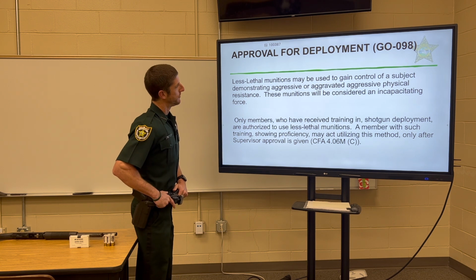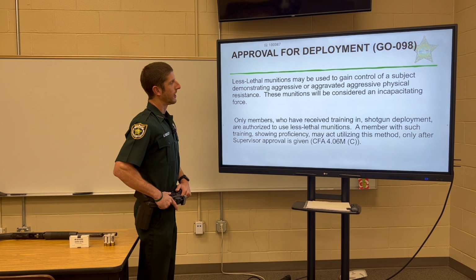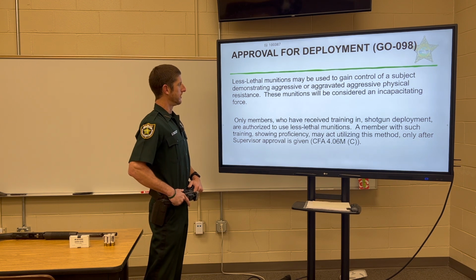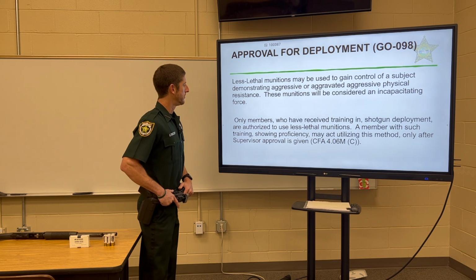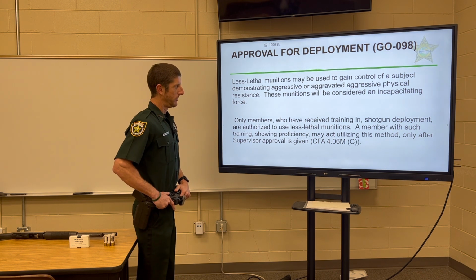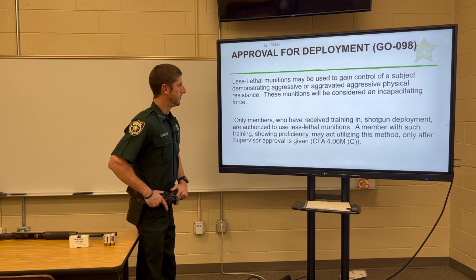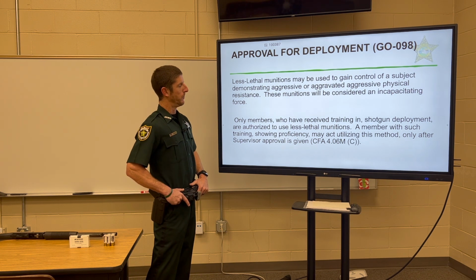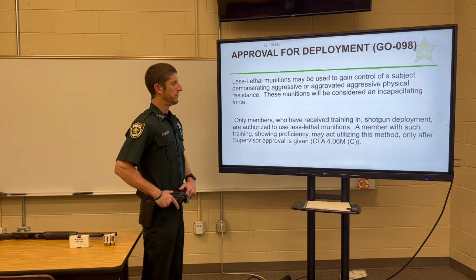Less lethal munitions may be used to gain control of a subject demonstrating aggressive or aggravated aggressive physical resistance. These munitions will be considered an incapacitating force. Only members who have received training in shotgun deployment are authorized to use less lethal munitions. A member with such training showing proficiency may act utilizing this method only after supervisor approval is given.